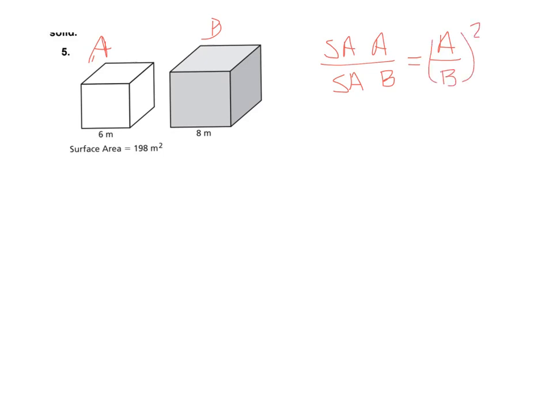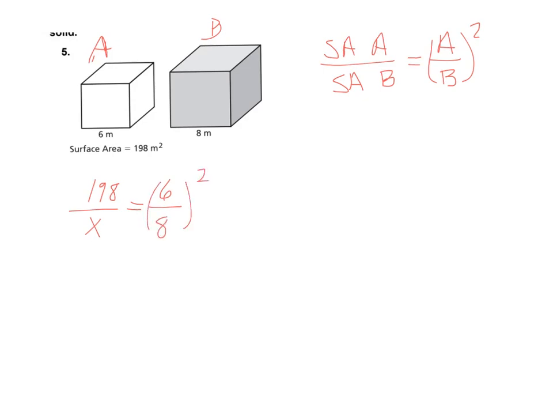That's the formula that we're going to use. So the surface area of A is 198 over the surface area of B, which is our unknown. That's what we don't know. That's going to be equal to 6, the length from A, over 8, the length from B, squared.